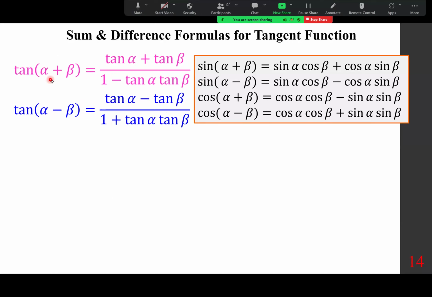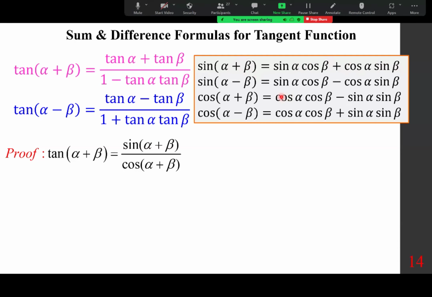Let's say we're going to prove this one, and tangent is sine over cosine. So tan of alpha plus beta is sine of alpha plus beta over cosine of alpha plus beta. So just write down this side of sine of alpha plus beta over this side of cosine of alpha plus beta. So again, I want to make sure we understand. We are going to write this in the numerator.